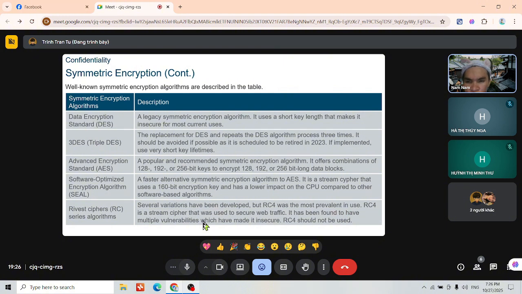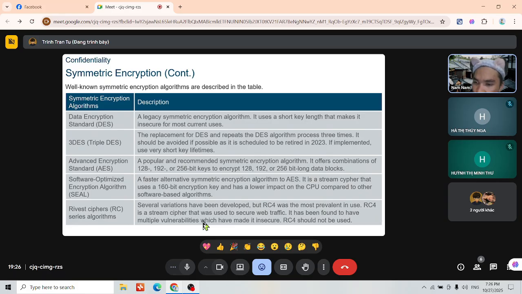3DES is the replacement for DES and repeats the DES algorithm process 3 times. It should be avoided if possible as it is scheduled to be retired in 2023. It implemented a very short key lifetime.